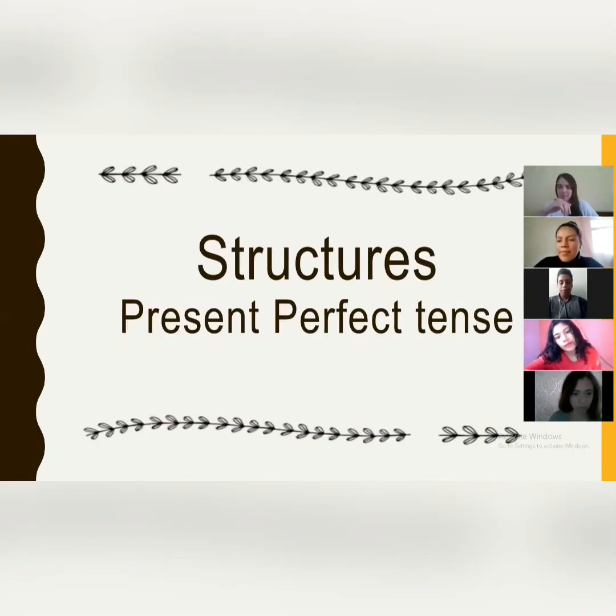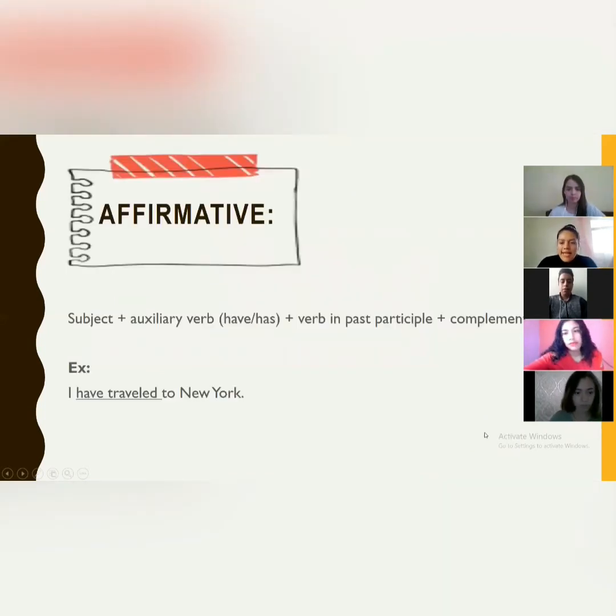Okay, let's check the structure for affirmative sentences in the present perfect tense. Let's analyze it with an example. Here we have, I have traveled to New York. Here the subject is I. The auxiliary verb, in this case, we are talking about the first person I, so we have to use have.